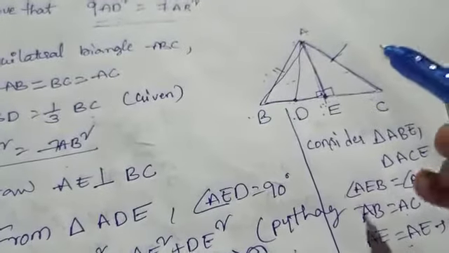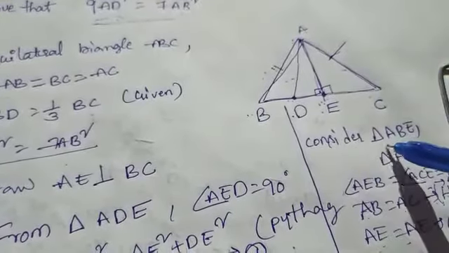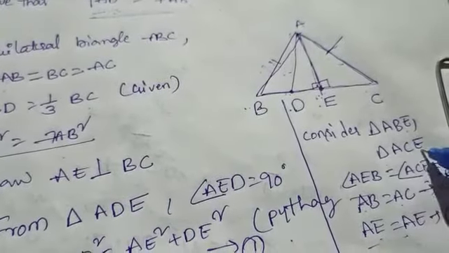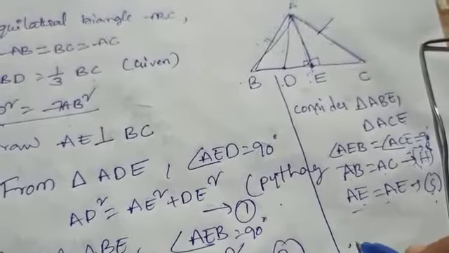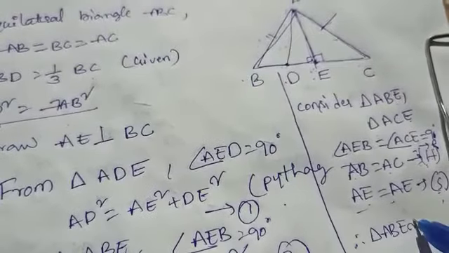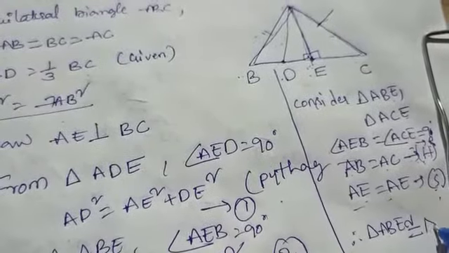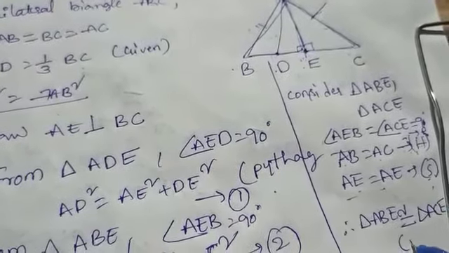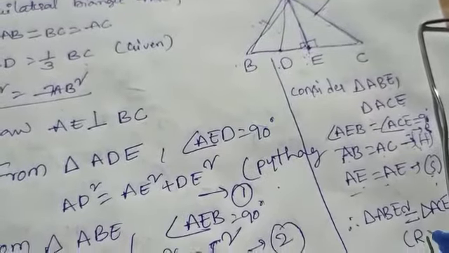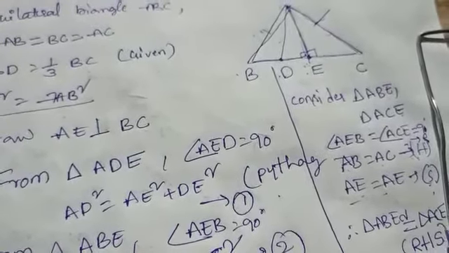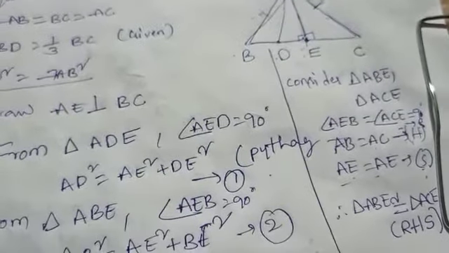So triangle ABE is congruent to triangle ACE, using right angle, hypotenuse, side congruency.